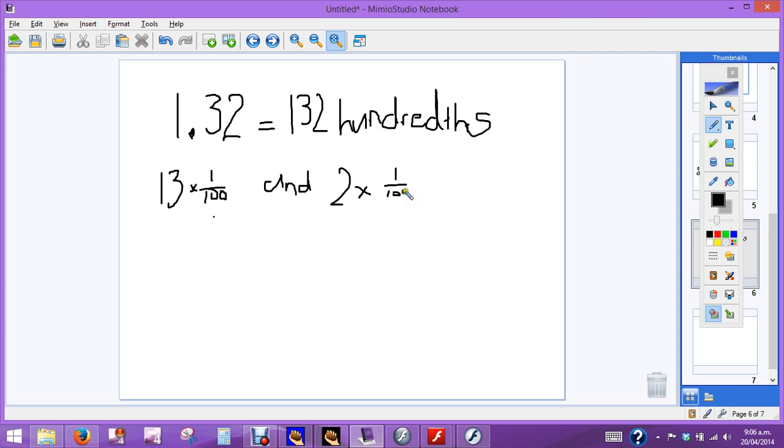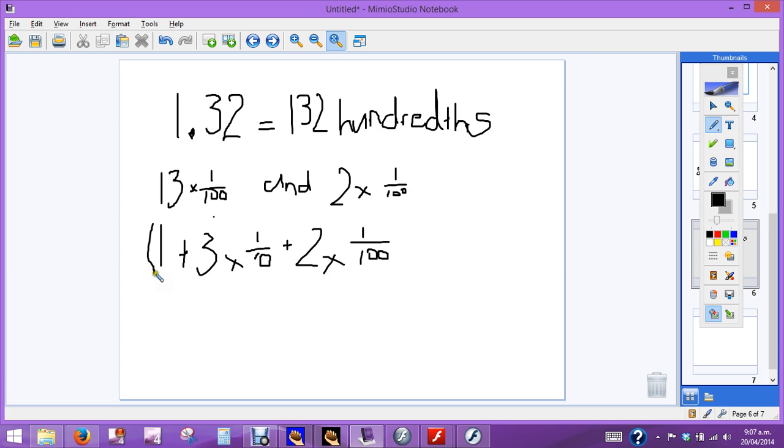Just because I'm allowed, I can also write it as 1 whole plus 3 of 10, 3 times a tenth, tenth with the sticks, plus 2 times 100th. So I'm partitioning that number, 1.32.